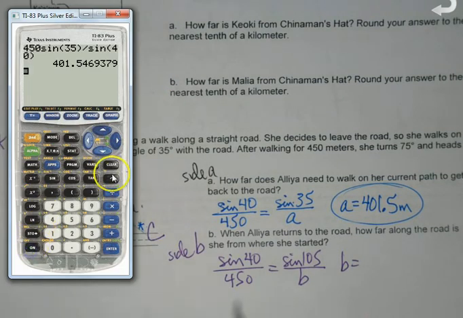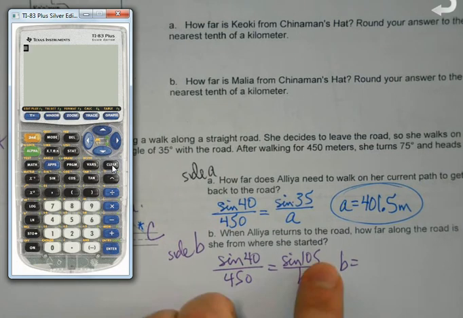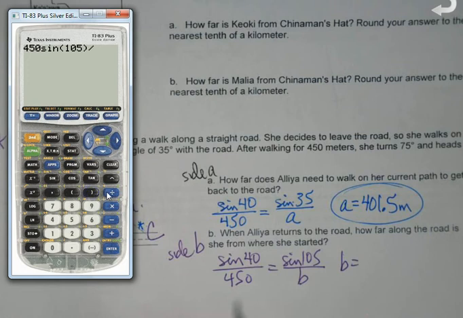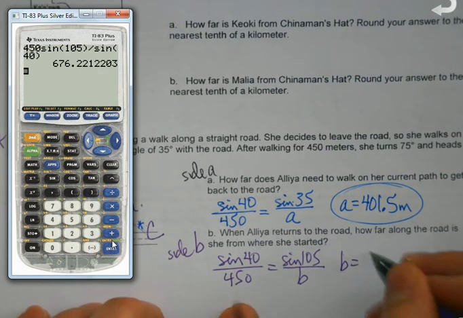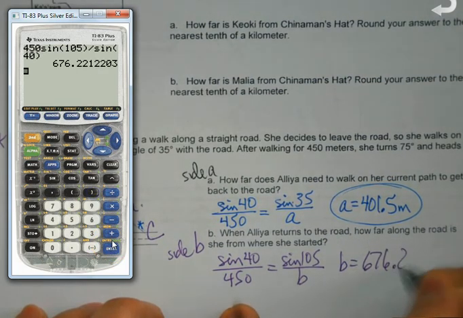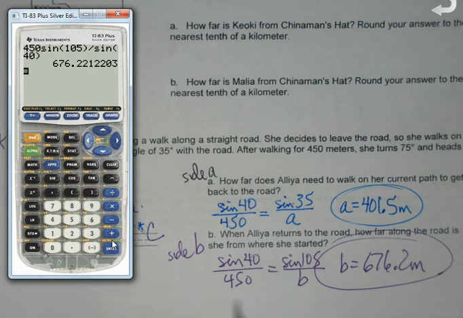My diagonal doesn't have the B, so I multiply those together first. And I'm going to divide by whatever's with the B, which is sine of 40. And I'm set.